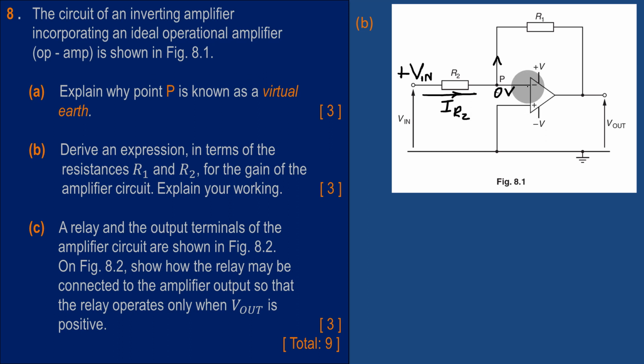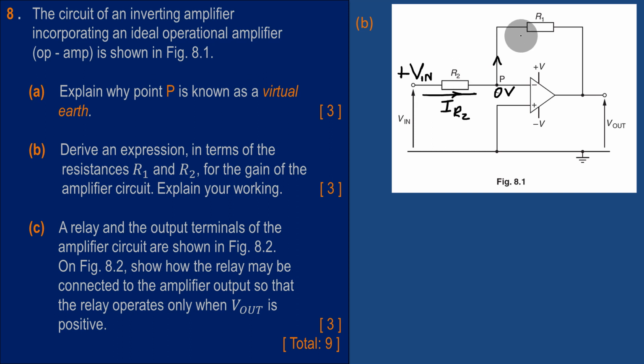Since the input impedance, that is the input resistance, is so high, the current which flows into and out of any one of these two inputs is zero, meaning that this current, I2, which flows towards this junction, all of it takes this route. So this current and this current are the same.